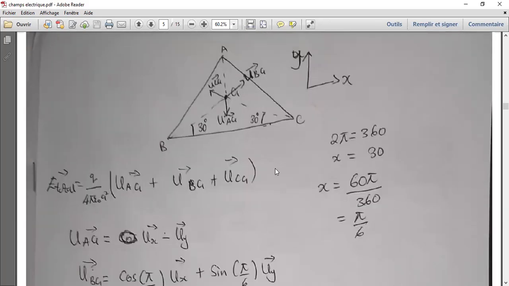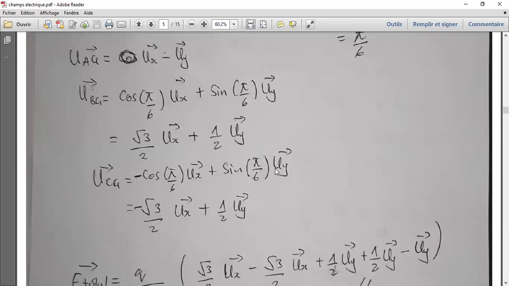So that's why I've put negative and positive. For ux, you should always know it's cos, and for uy it's sine. I don't know if I'm clear there. Am I clear? Yes. Yes.